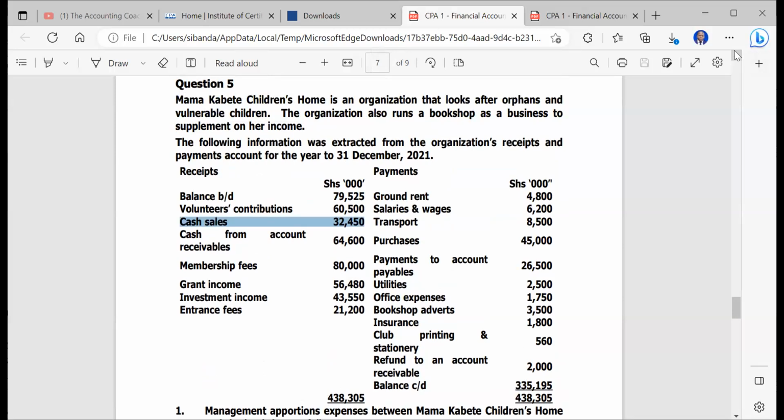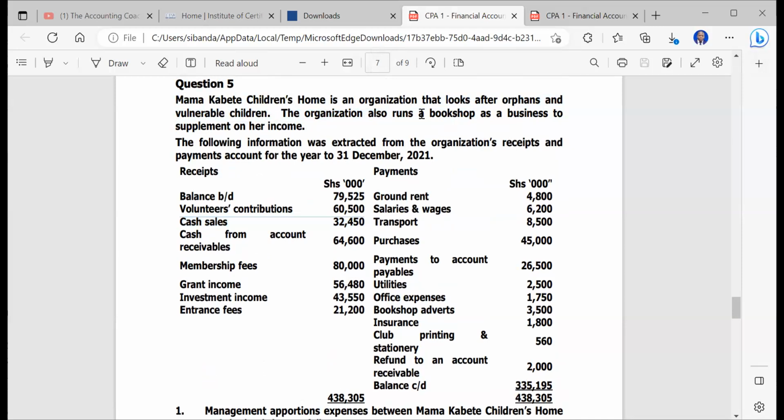If it's, for example, a children's home, we can see that they are also running a bookshop as a business. These businesses that they start are to help them meet their costs. Them not being for profit doesn't mean they don't have expenses.